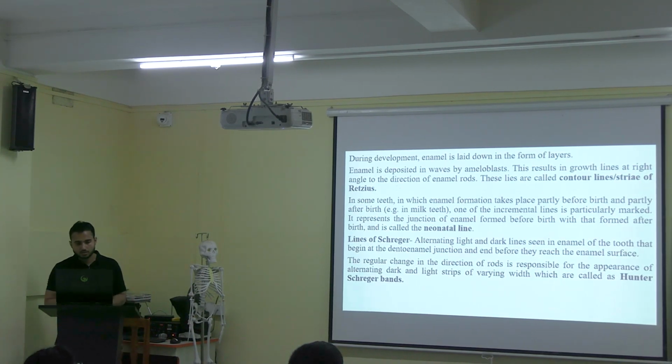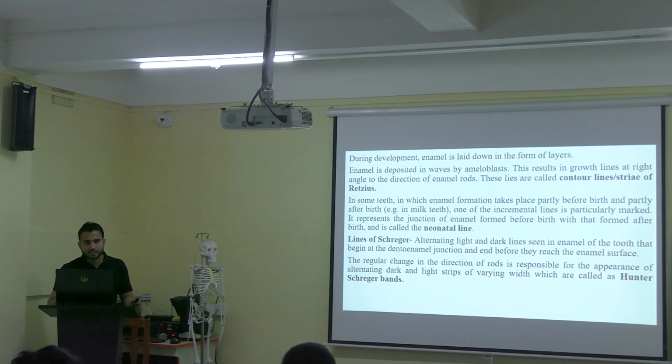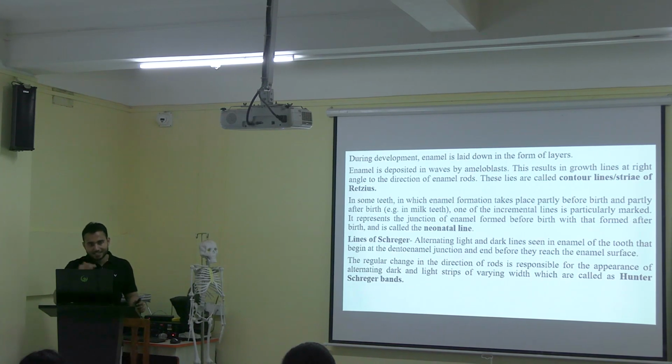Next, another type of lines are alternating dark and light lines. These are called lines of Schreger, also called Hunter-Schreger bands. These are seen in the tooth at the dentoenamel junction and before they reach the enamel surface. Why are they present?